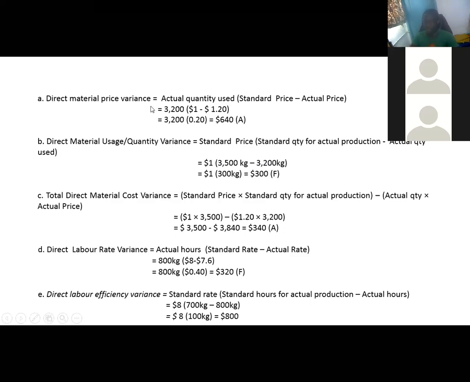When we did workings, we simplified the working for what? Actual price. When it comes to direct material, we did workings for what? The standard quantity for actual production. And bear in mind, the standard quantity has to do with the total quantity that was produced during the period. Hence, it must go with the total or the actual quantity that has been used in producing that.